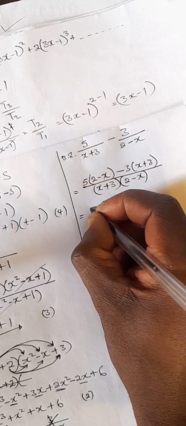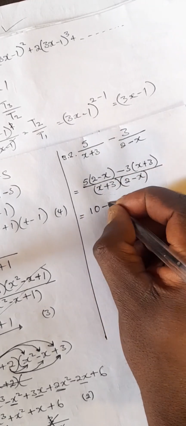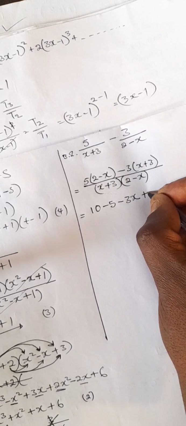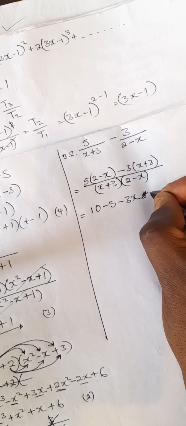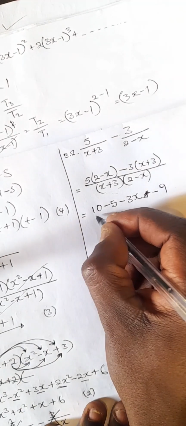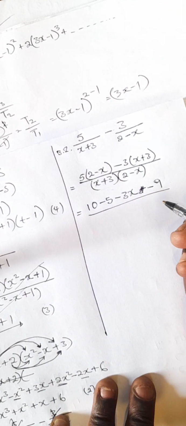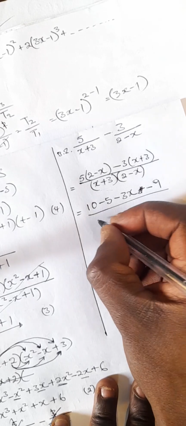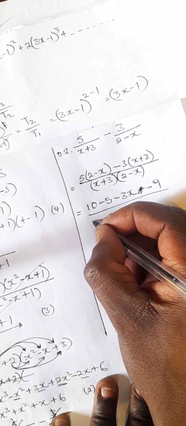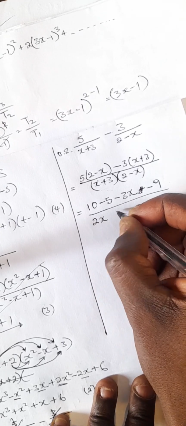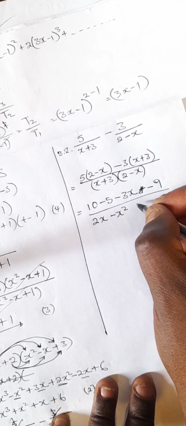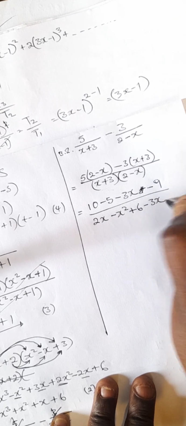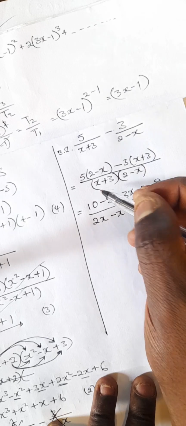Okay, 5 times 2, that's 10, minus 5x minus 3x plus negative 9, divided by, in the denominator you will have 2x minus x squared plus 6 minus 3x, right, using the FOIL method.